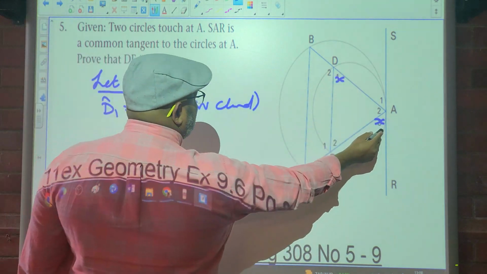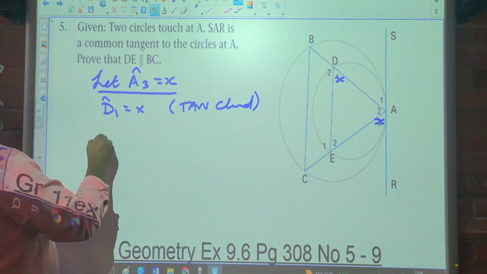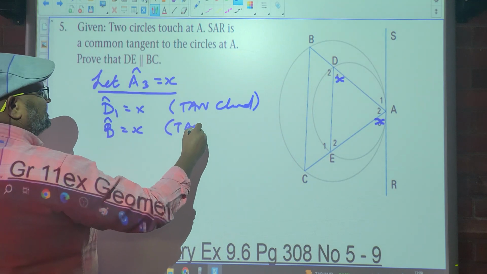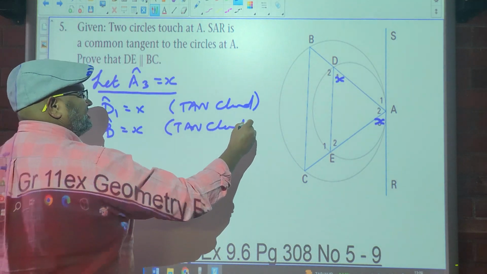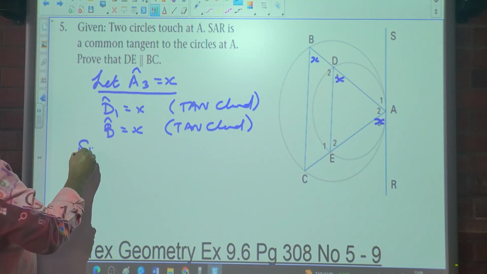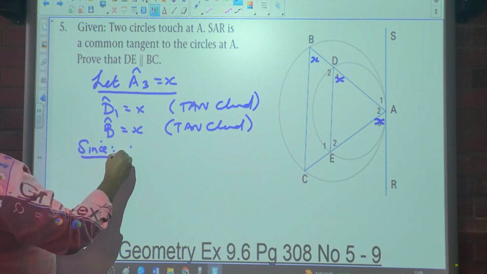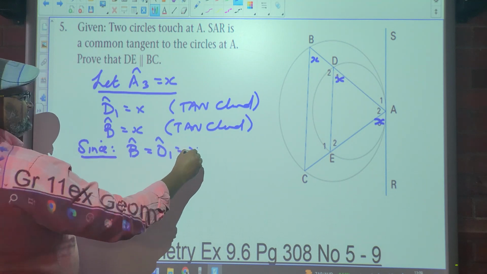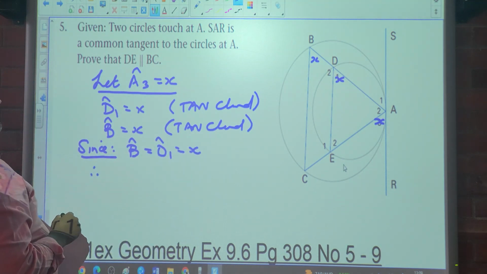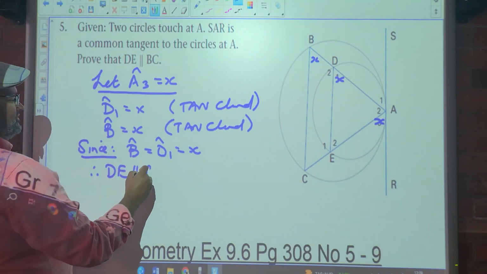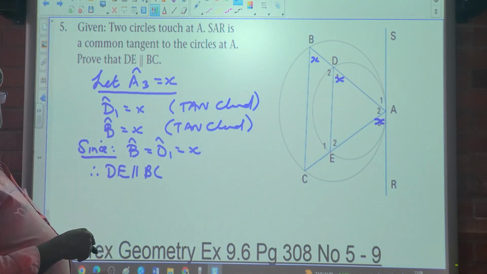Then we know that A3 is also equal to angle B, so angle B is also equal to x. Tangent-chord theorem. So what do we say? State the obvious: since angle B is equal to angle D1, which is equal to x, therefore DE is parallel to BC.